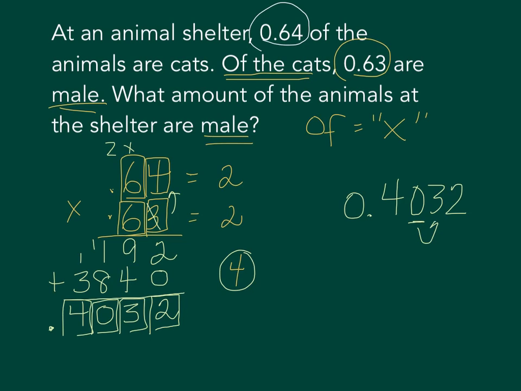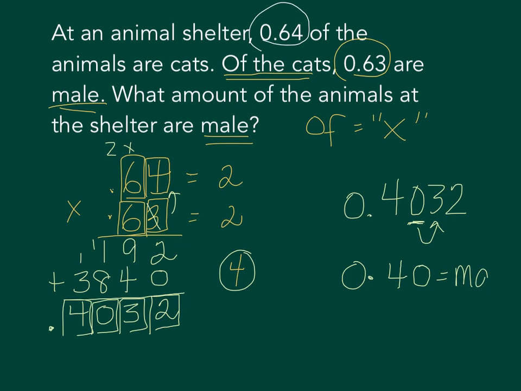then look to the right. That 3 is less than 5, so I'm going to keep the hundredths place just as it is. So really 40 hundredths or 4/10 of the cats are male.